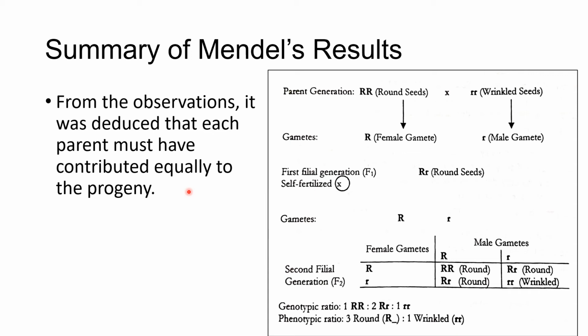So as you can see here, yung parent generation natin is pure breed. Homozygous sila, homozygous dominant and homozygous recessive.